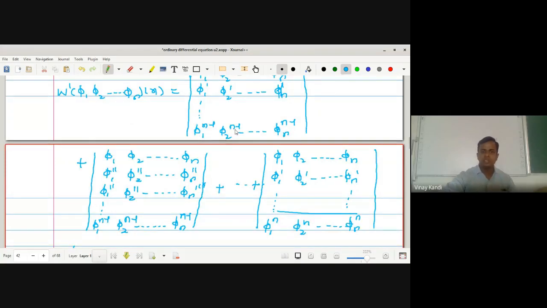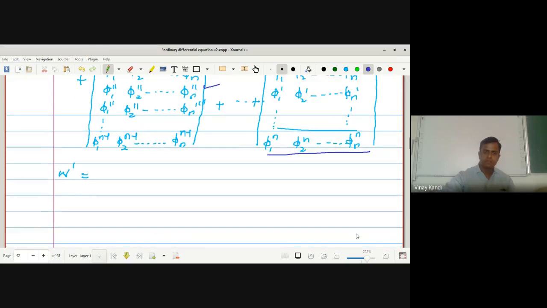So all these determinants vanish. It means the value of this determinant is 0, and this determinant is also 0. So only the last determinant remains. Any doubt? Correct? Yes, sir. So only the last determinant remains as it is. The values of all the other determinants will be 0, because two rows are identical in them. Only the last determinant is such that no two rows or two columns are identical.